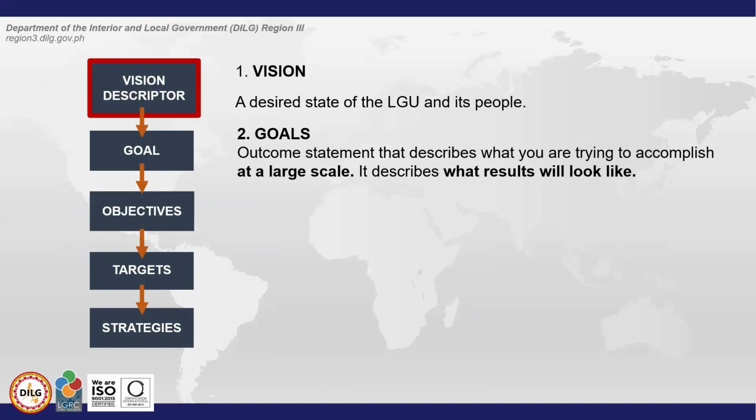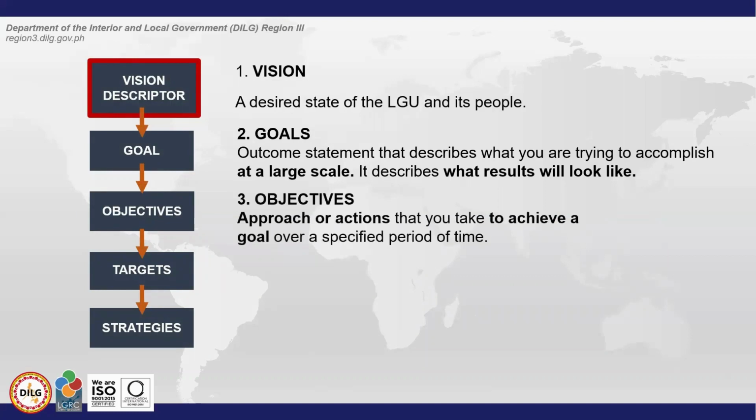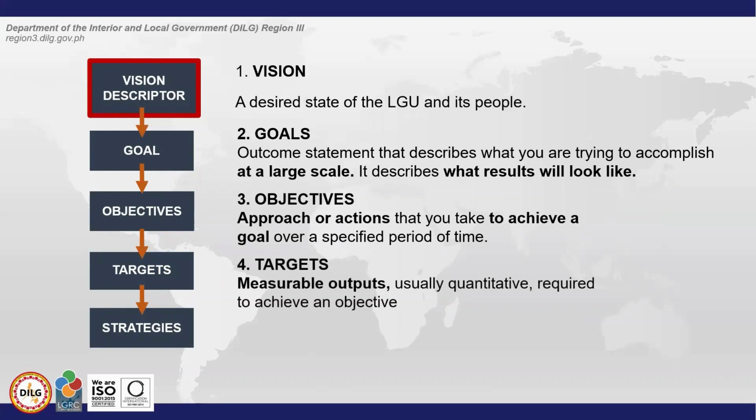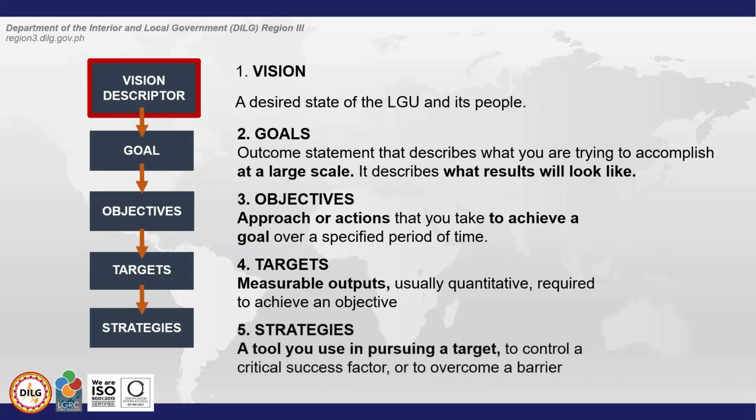It describes what results will look like. Objectives are approaches or actions that you take to achieve a goal over a specified period of time. Targets are measurable outputs, usually quantitative, required to achieve an objective. And strategies are tools that you use in pursuing a target to control a critical success factor or to overcome a barrier.